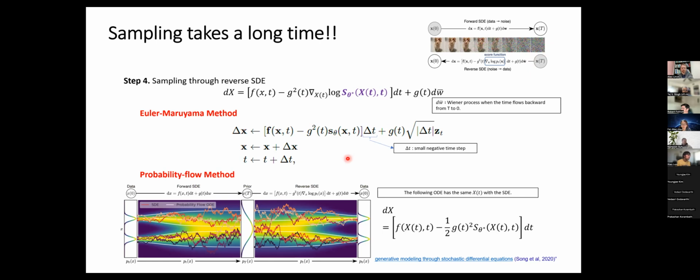And another very nice theory of diffusion model is if you have the following reverse SDE, then there always exists a corresponding ODE that has the same solution path as that of the reverse SDE.